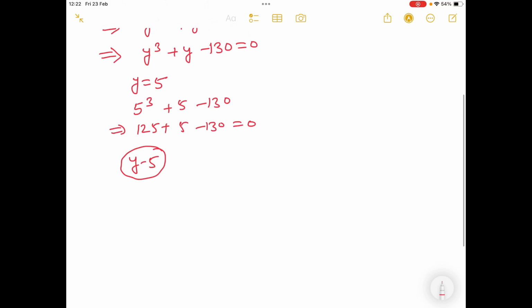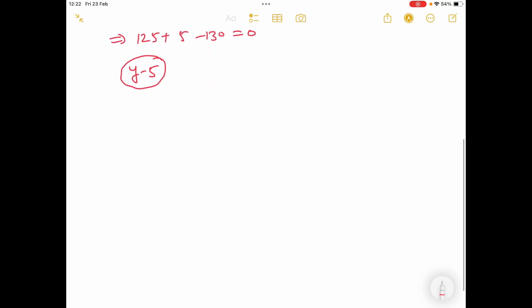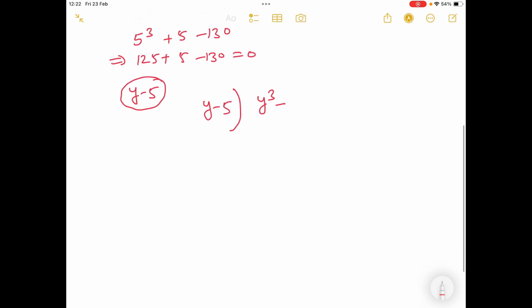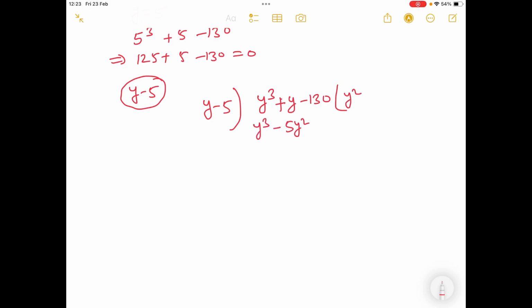Now let us proceed to find its other factor. y minus 5 will divide y cube plus y minus 130. Take it as y square times, then it will be y cube minus 5y square.